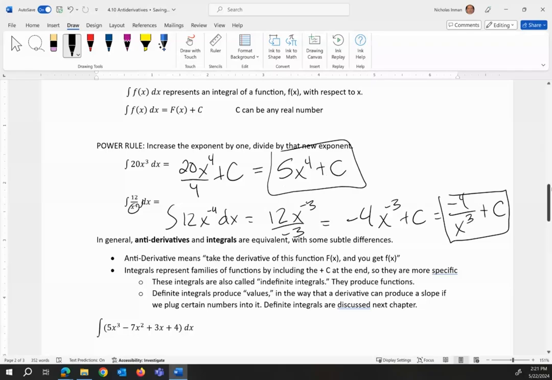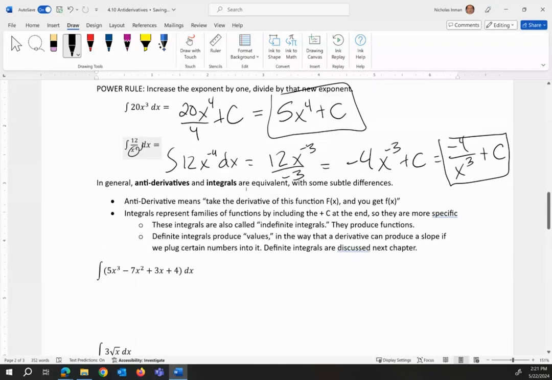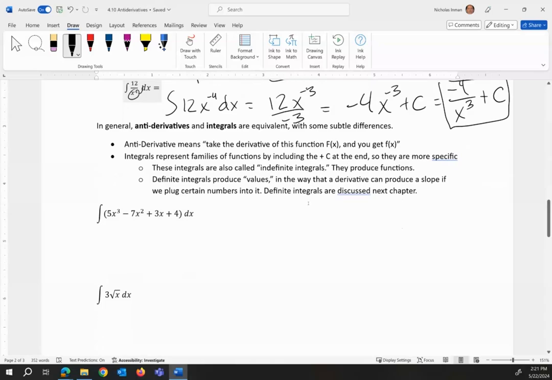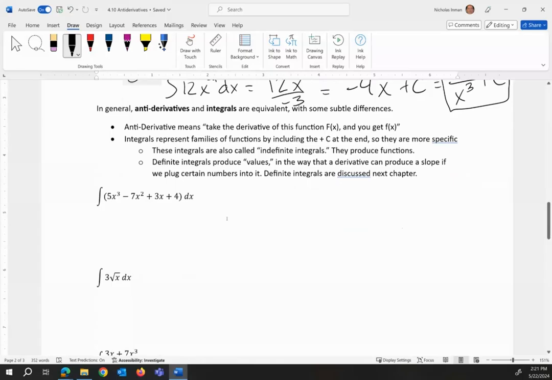So again, in general, antiderivatives and integrals, they're equivalent, just that little difference. Antiderivative means if I take the derivative, I get this thing. Integral means I need what's called a family of functions. That plus c at the end means I can add whatever number I want to at the end, and it will still be the same thing.